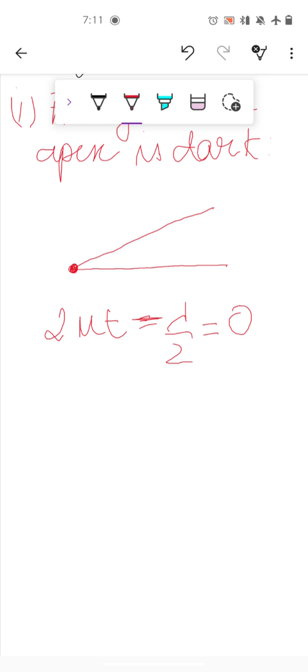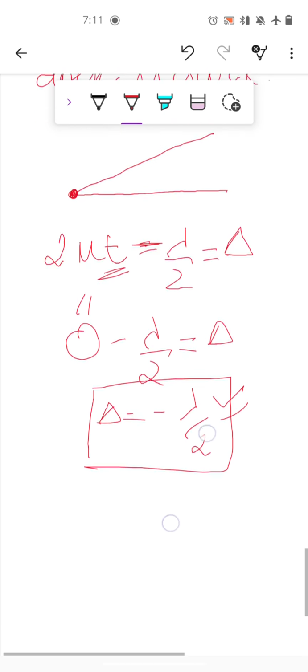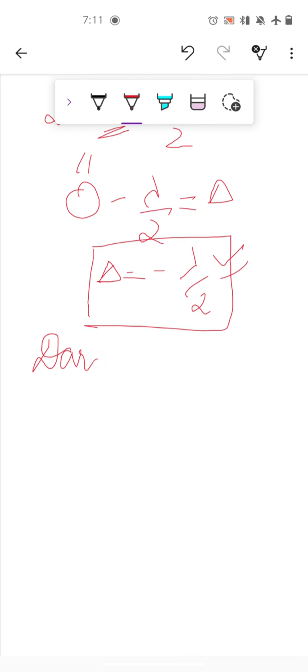So the path difference automatically becomes 0, and the thickness is also 0, so 0 minus lambda by 2 is equal to delta, or we can say delta is equal to minus of lambda by 2. This value, minus lambda by 2, means that we get a dark patch here as the first fringe, a dark fringe.